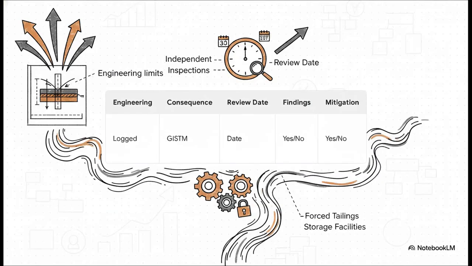Look at how our table is expanding now. These accountability metrics are what transform this from just a static, boring inventory into a living, breathing safety record. The standard is essentially forcing a direct, visible connection between the engineering limits, the timeline of those independent inspections, and the mandatory mitigations.